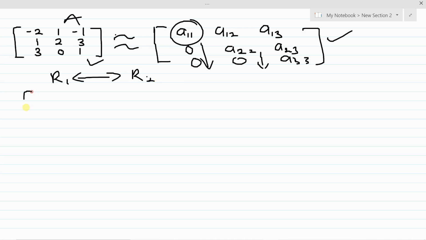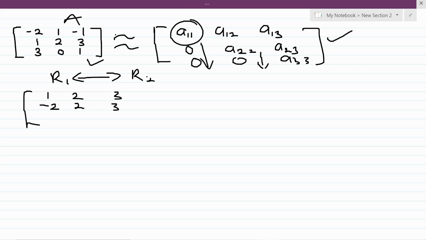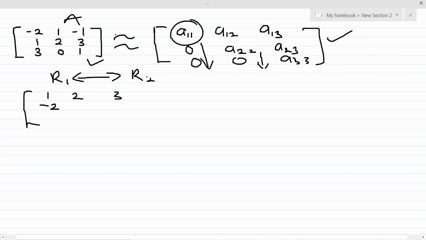So now we get a new matrix: 1, 2, 3, meaning row 2 becomes row 1 and row 1 becomes row 2. Then you get -2, 1, -1. Then you get 3, 0, 1.